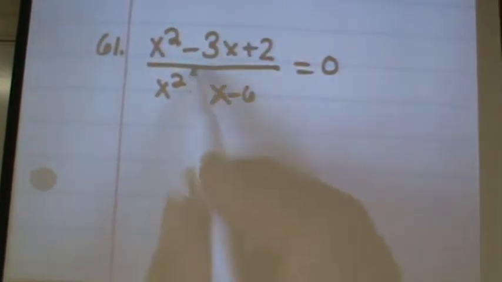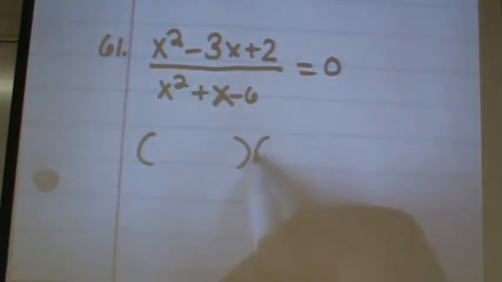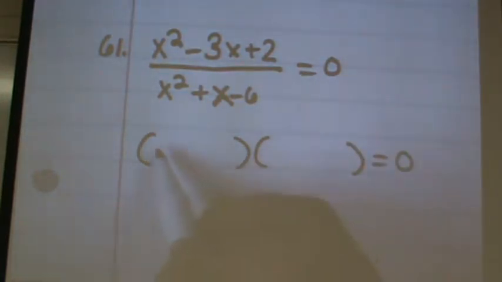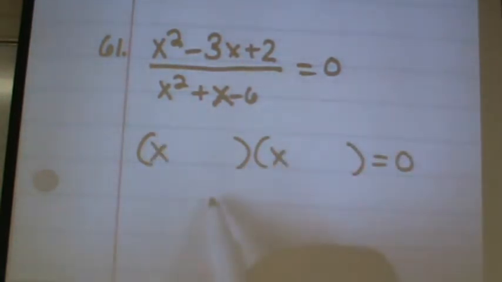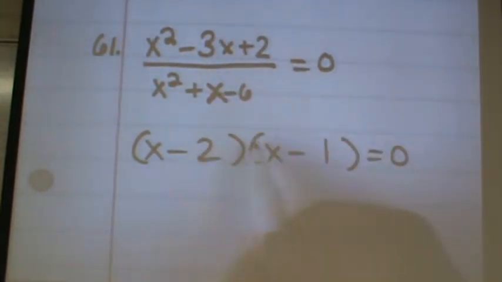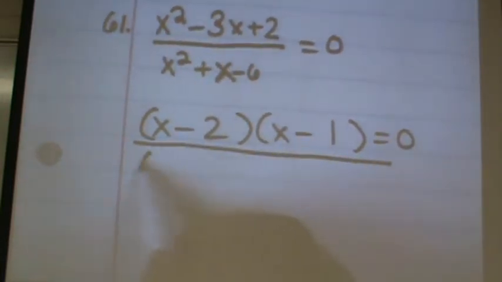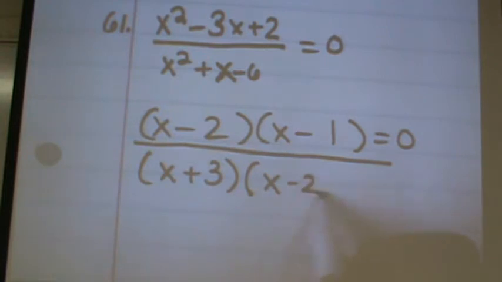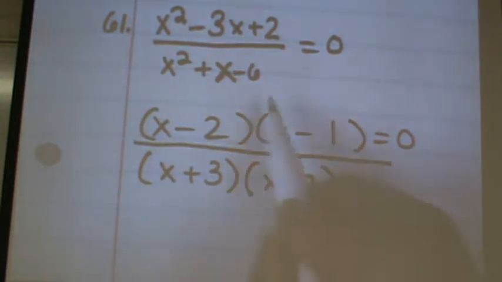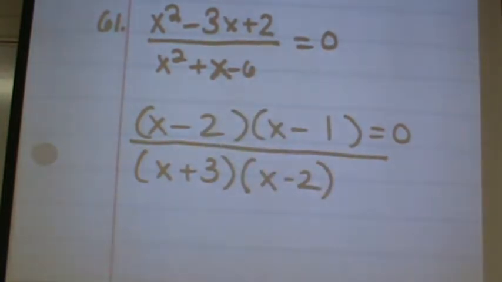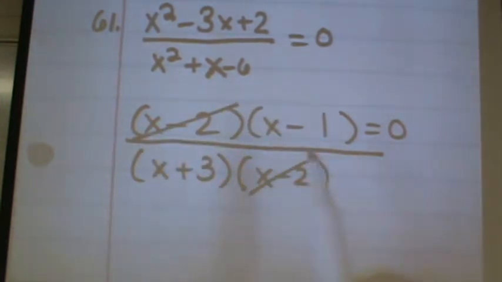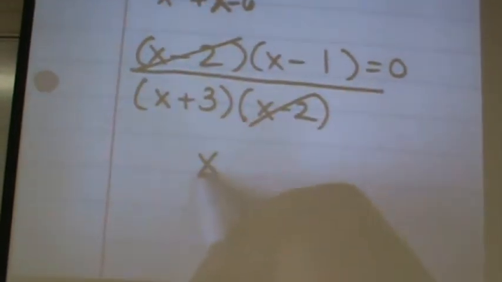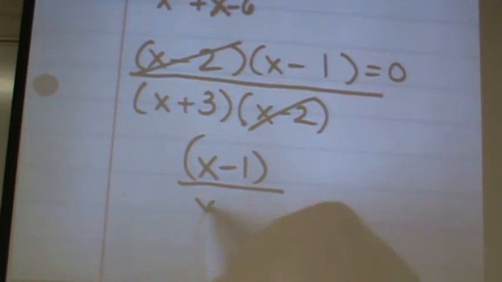In the numerator, how are we going to factor this one out? Well, x times x is x squared, and negative 2 times negative 1 is positive 2, but adds to be negative 3. In the bottom, we're going to write x plus 3 and x minus 2. These multiply to give you negative 6, but add to be a positive 1. These are going to cancel out. So what we're left with is x minus 1 over x plus 3.